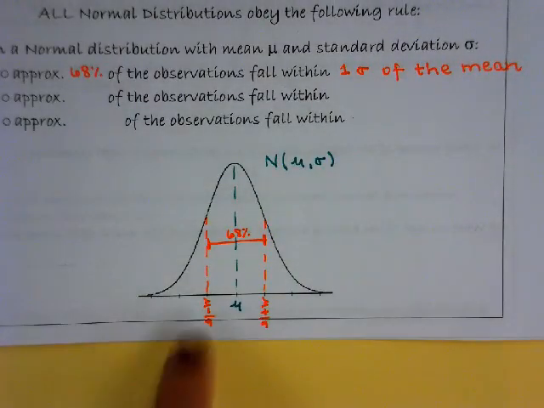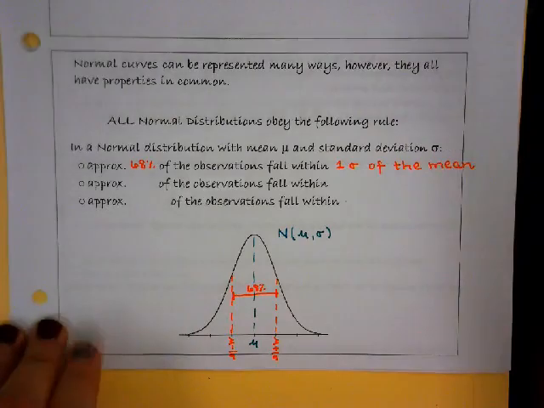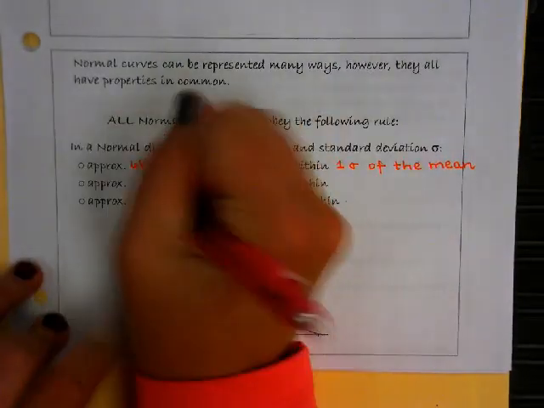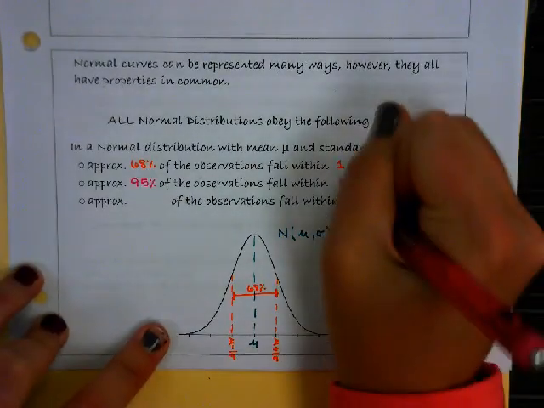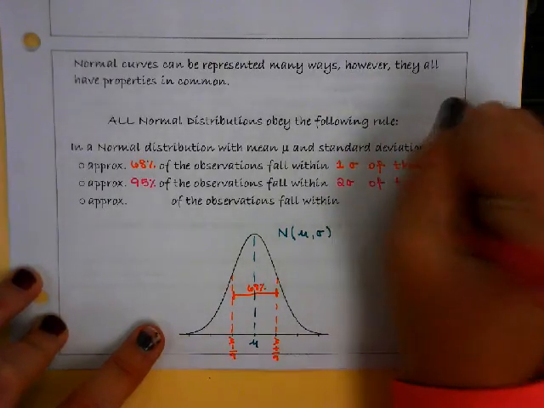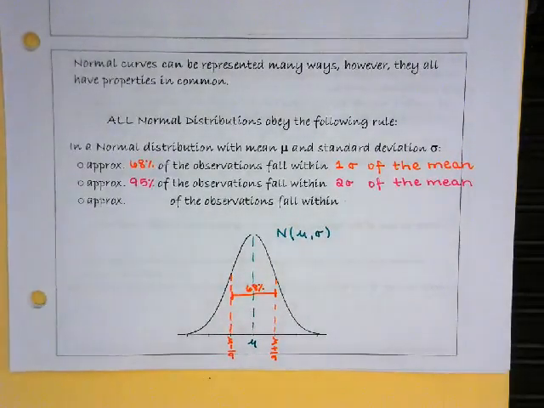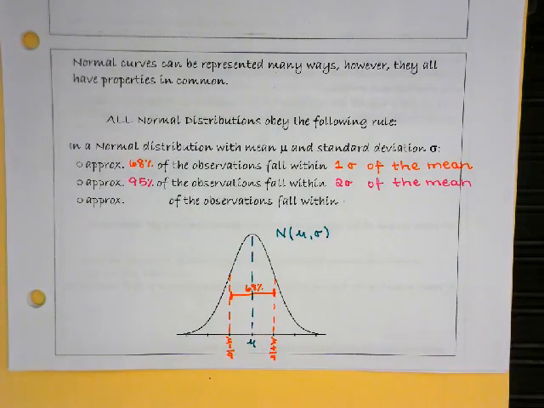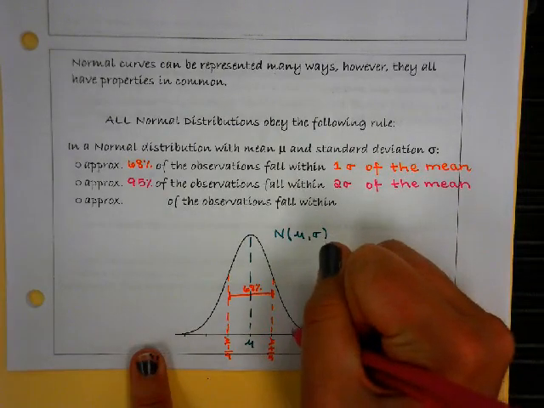All right. Then, try and fit this. Nope, too zoomed in. There we go. Approximately 95% of the observations or data fall within 2 standard deviations of the mean. So looking at my template, here was 1 standard deviation above, so the next little hash mark would be 2 standard deviations above, and this one would be 2 below.